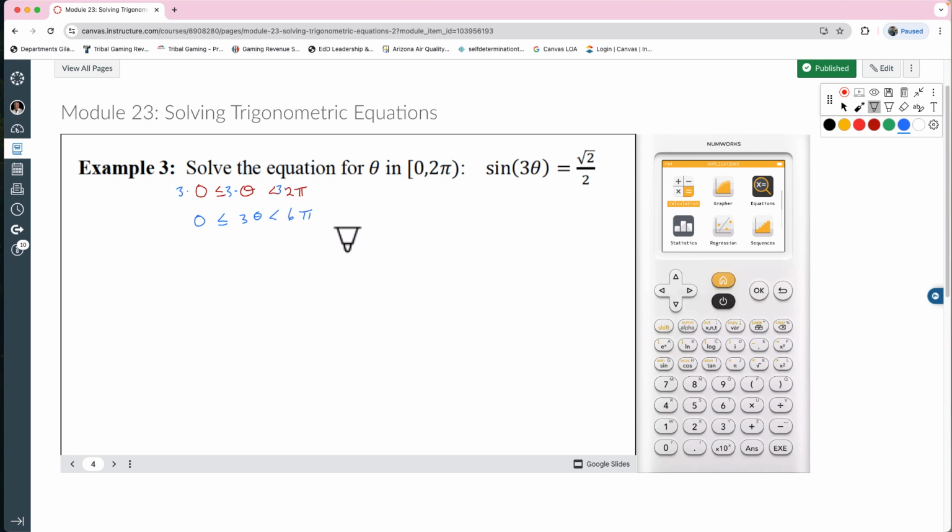So that's 3 times around the circle that we can go with 3 theta. So we can basically do a substitution. We're going to find what sine of x is, and we're going to say 3 theta equals x, and then we'll come back and solve for theta.